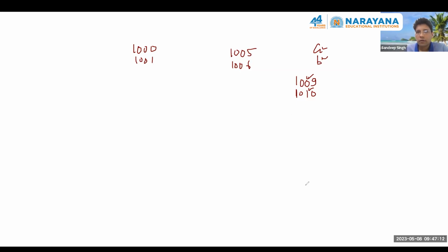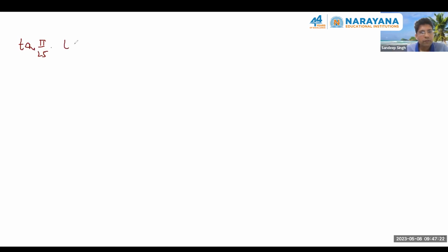See, question 40. What is the logic? Basically, he is asking you tan of pi by 25, tan of 2 pi by 25, up to tan of 12 pi by 25. Correct? Now one thing you should observe: if you divide 25 by 2, it is 12.5.